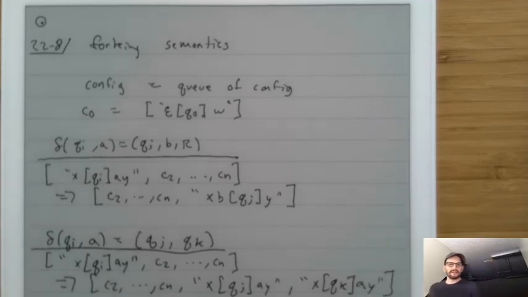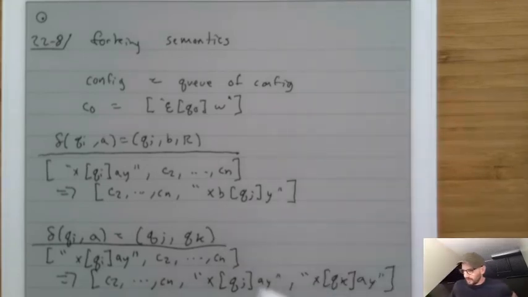So whenever we get a fork, we just create two configurations at the end.